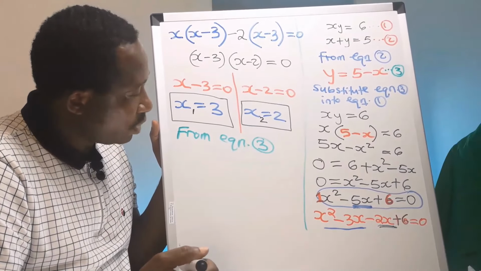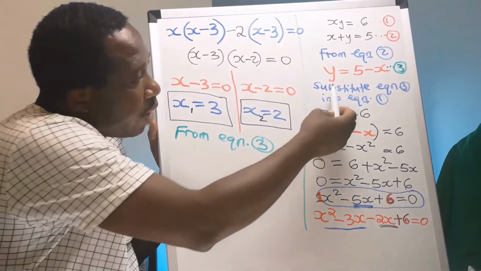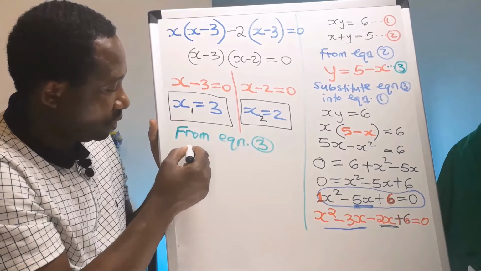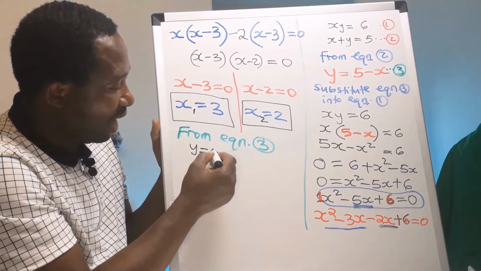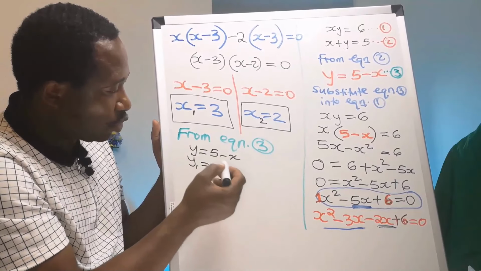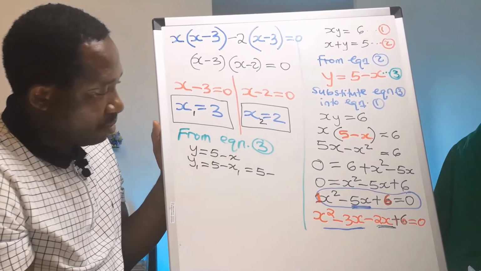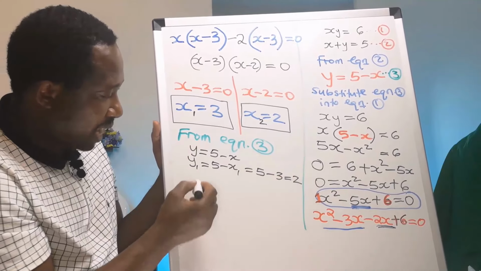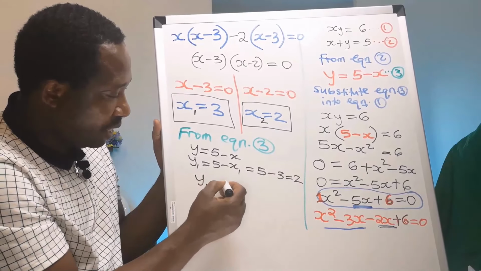From equation 3, where y is 5 minus x, for y1, I will substitute x1. My x1 is 3 and I will have 2. That means my y1 is 2.